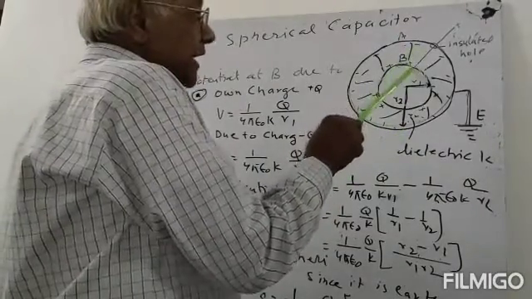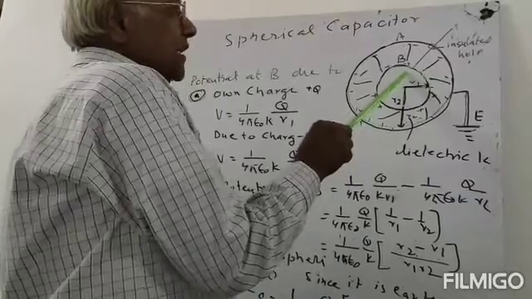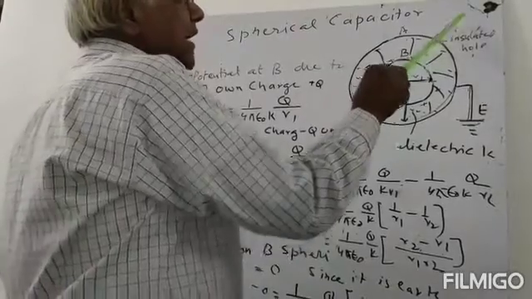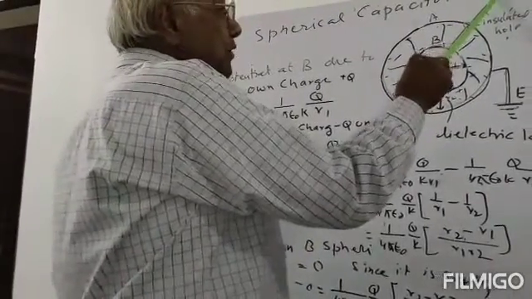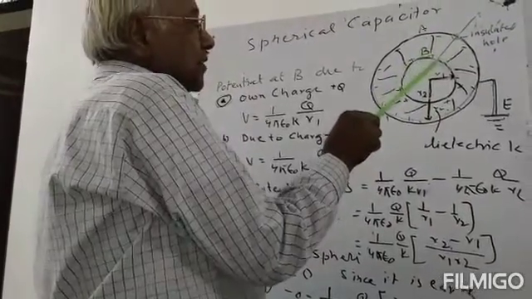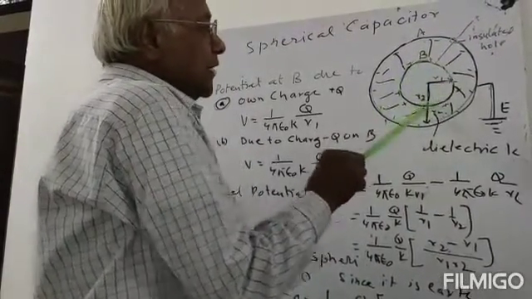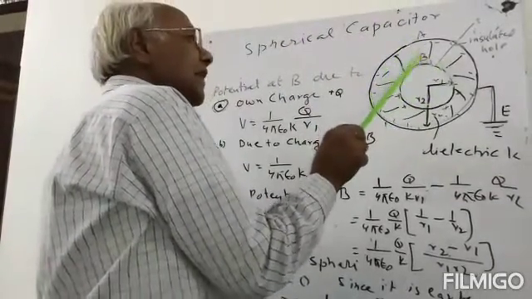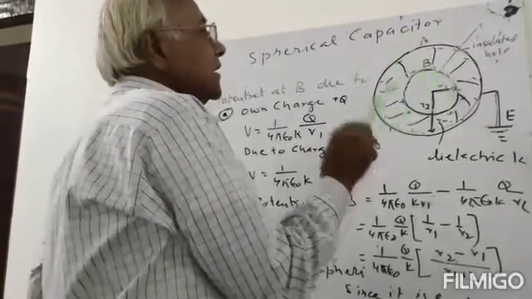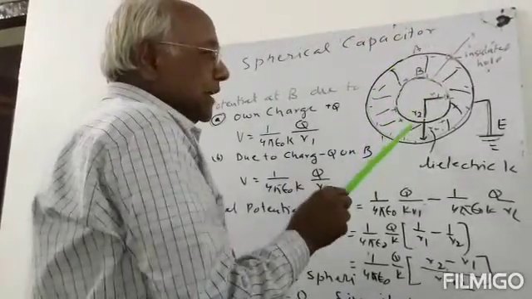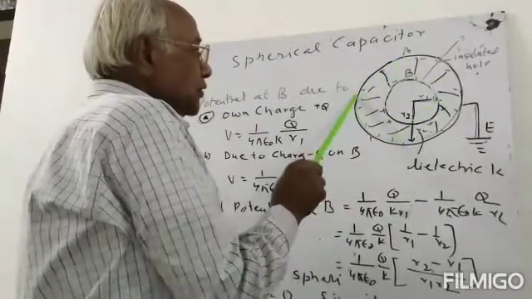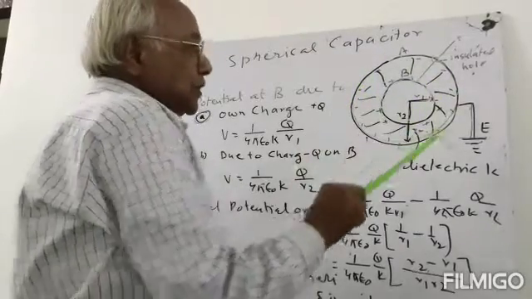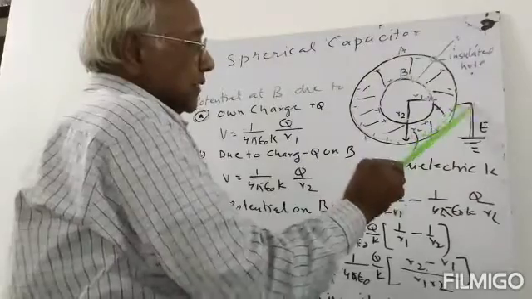Now we connect the inner sphere with a wire which is passed through an insulated area here and connected to positive. So the positive charge will be on the inner sphere and it will be equally distributed on its surface, and let this charge be Q. Now due to induction there will be a negative charge induced on the inner surface of the shell and the outer surface will be positive, and the outer positive surface will be earthed.